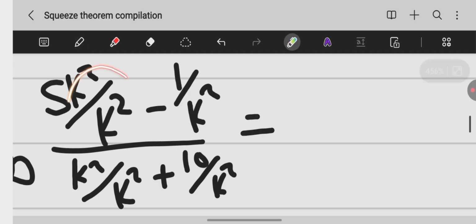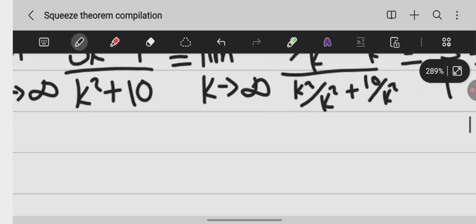And this really is 5 minus 0 over 1 plus 0. And that is 5 over 1, which is equal to 5.